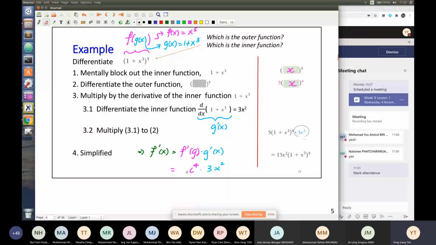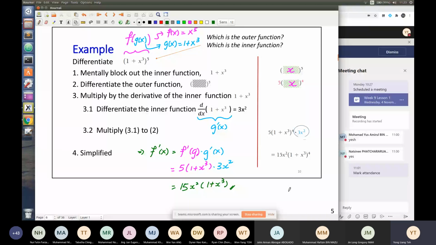Oops, be careful. This is f prime of g, this is not f prime of x. So I must substitute back the g. That means you have 5x to the power 4, so this guy becomes 5, substitute back your g, (1 + x cubed), multiplied by g prime x, which is 3x squared. So this is your final answer. Maybe we can write it nicely as 15x squared times (1 + x cubed), which is the one given here.